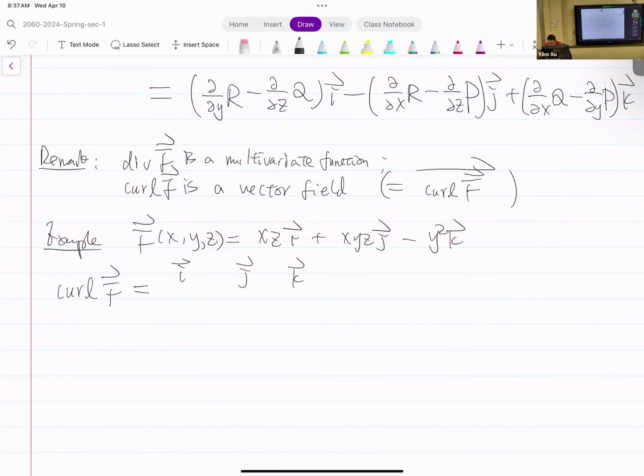So we just put i, j, k on the top row, and then we put down the nabla operator on the second row. So we have del x, del y, del z. And then we put the components of F in the third row. So it's going to be xz, xyz, and negative y squared.